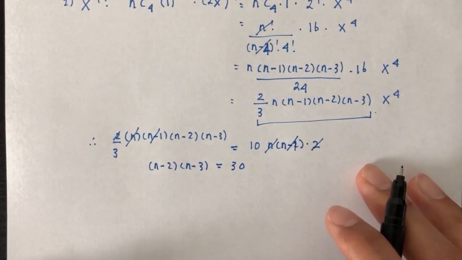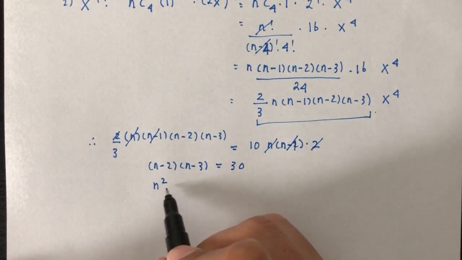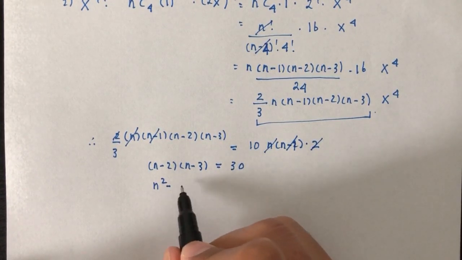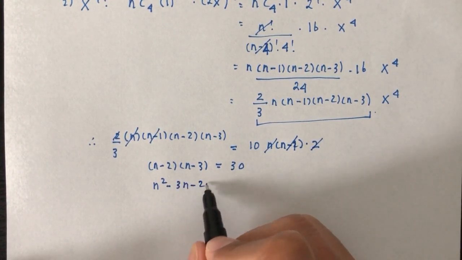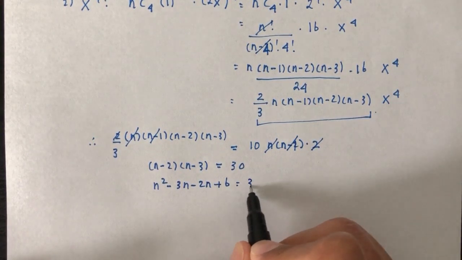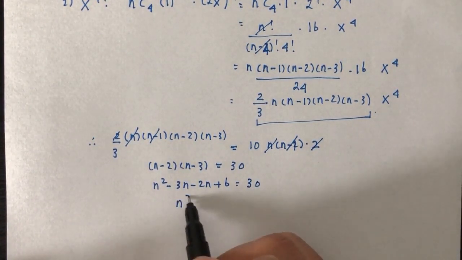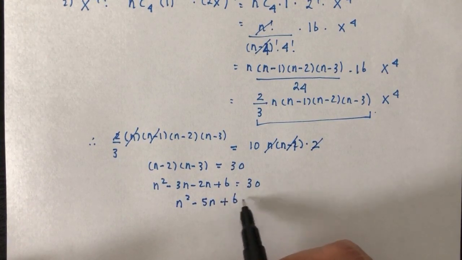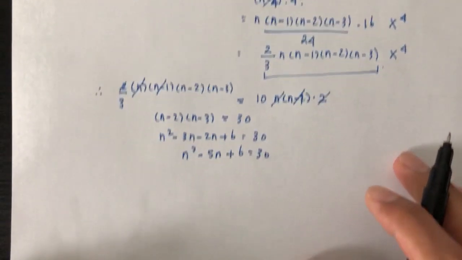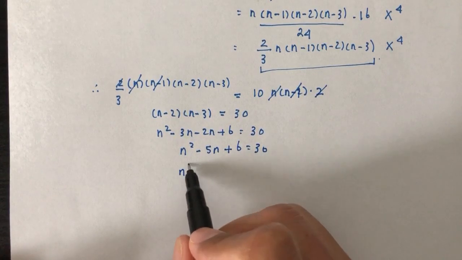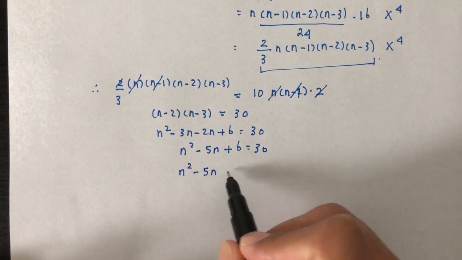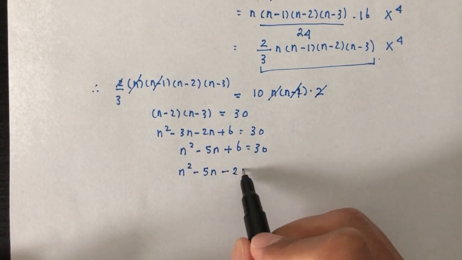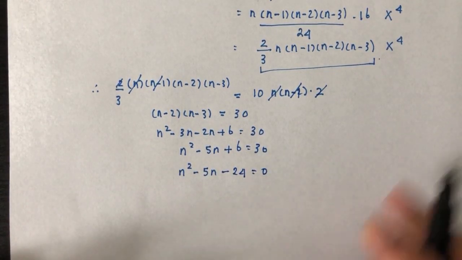So simplify, we will have n squared minus 3n minus 2n plus 6 equal to 30. So n squared minus 5n plus 6 equal to 30. We bring 30 over here, and we have n squared minus 5n minus 24 equal to 0.